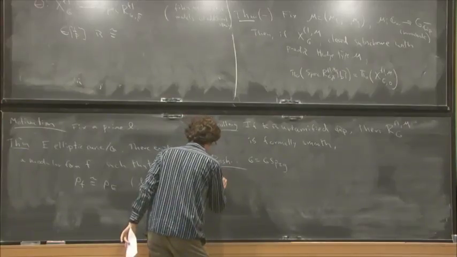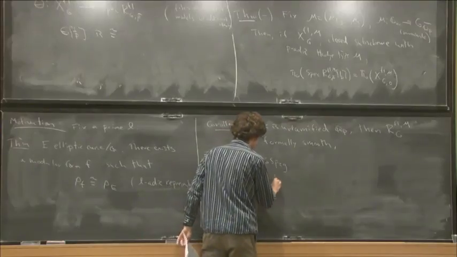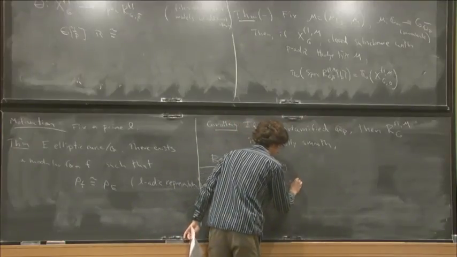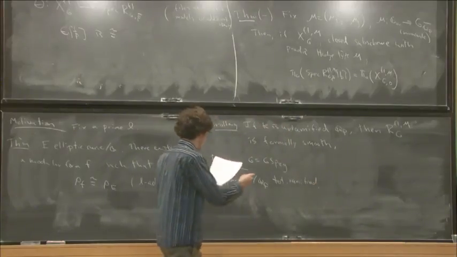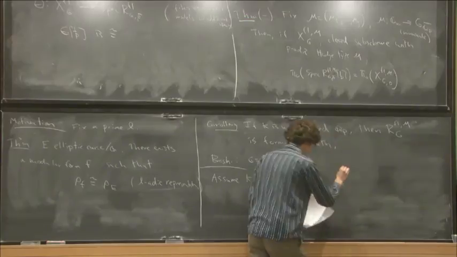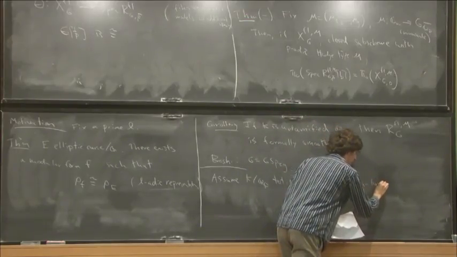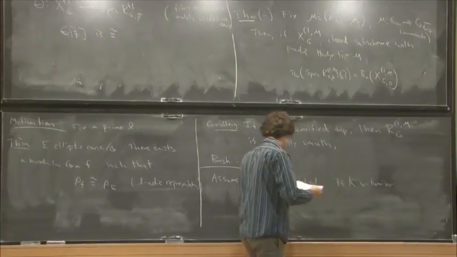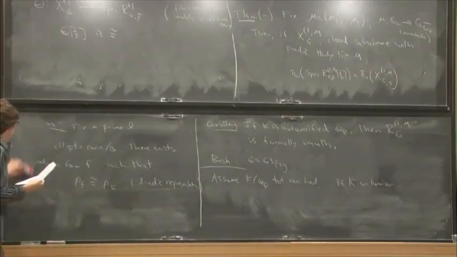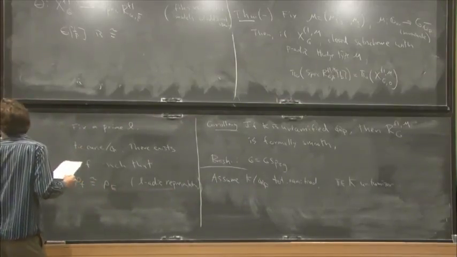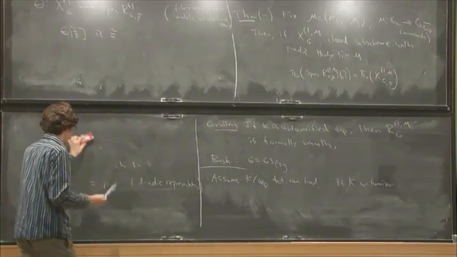So let's assume for simplicity that K over Q_p is totally ramified, just to save notation, and fix a uniformizer of K. And so this X that we've constructed is a moduli space.